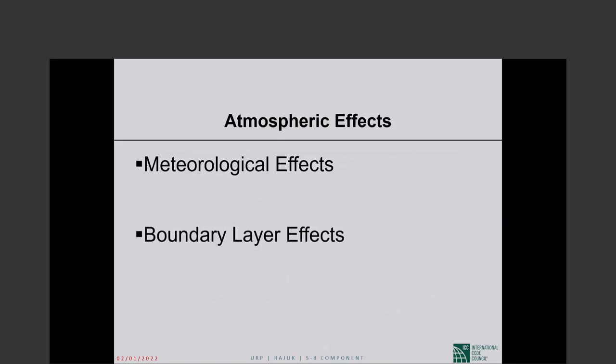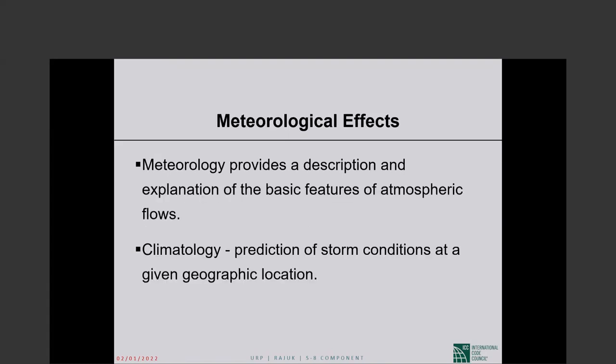When we say atmospheric effects, that has kind of two aspects to it: meteorological effects and boundary layer effects. Meteorology, I think we are all familiar with the word. Meteorology provides a description and explanation of the basic features of atmospheric flows.